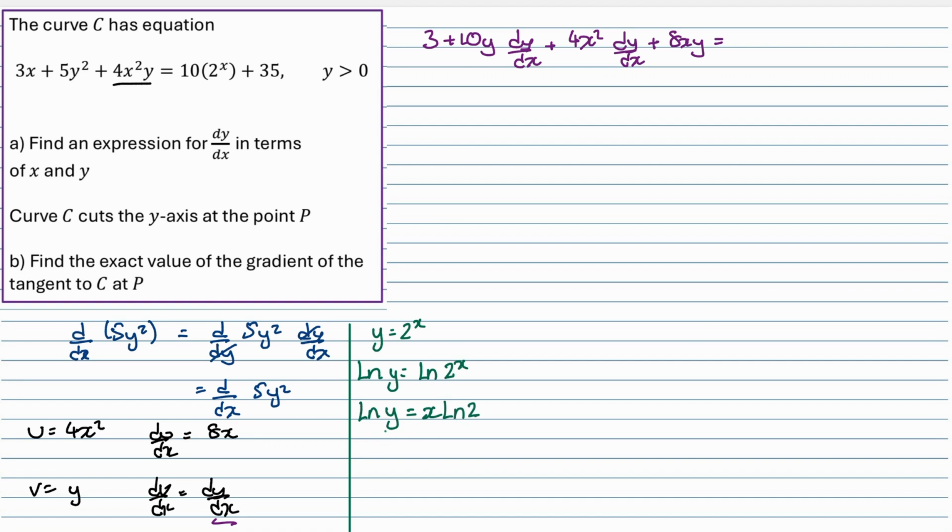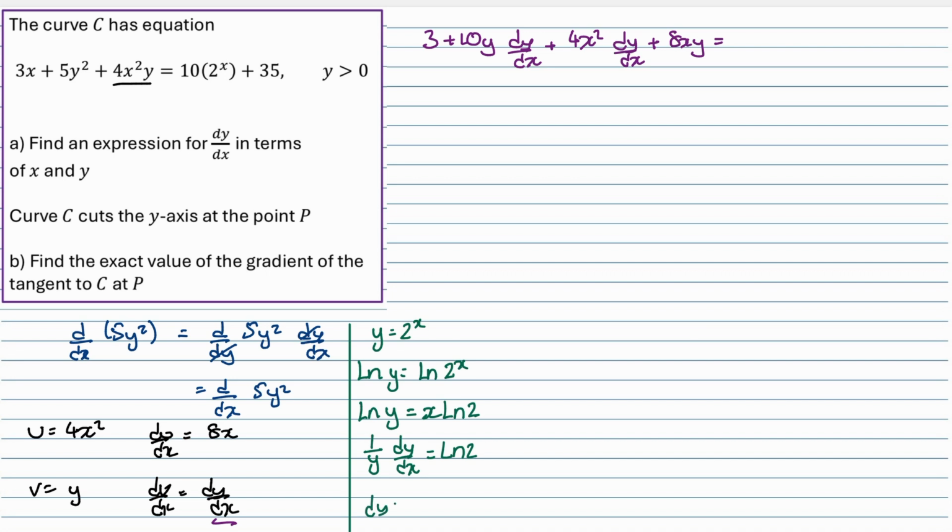Now if we differentiate both sides with respect to x, the natural log of y becomes 1 over y times dy by dx. So I've implicitly differentiated this. When we differentiate x ln 2, the x will go, and we'll have the constant ln 2.